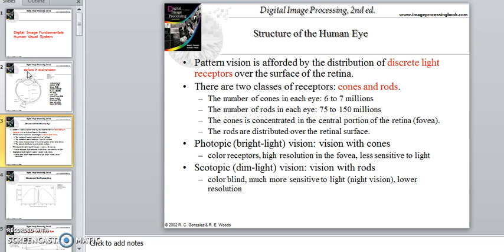We are able to distinguish the colors because there are three distinct types of cones, each sensitive to different bands of the electromagnetic spectrum.